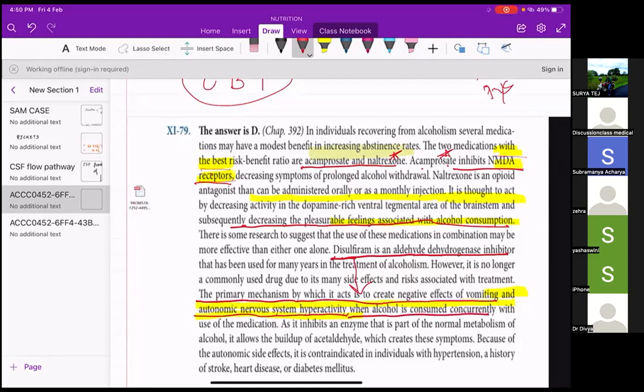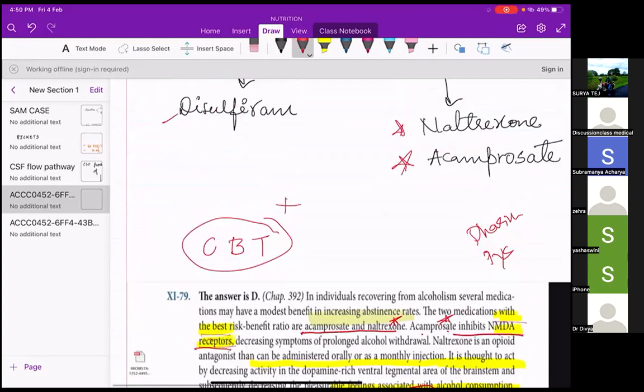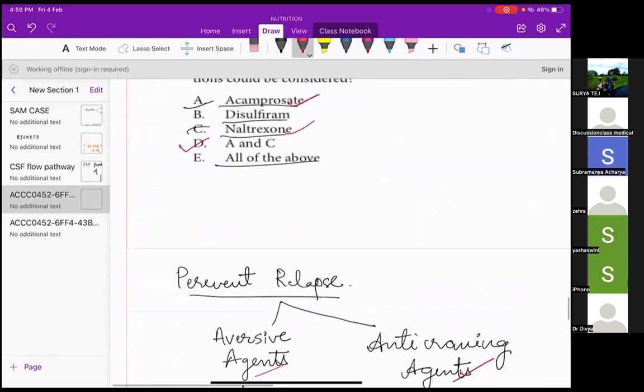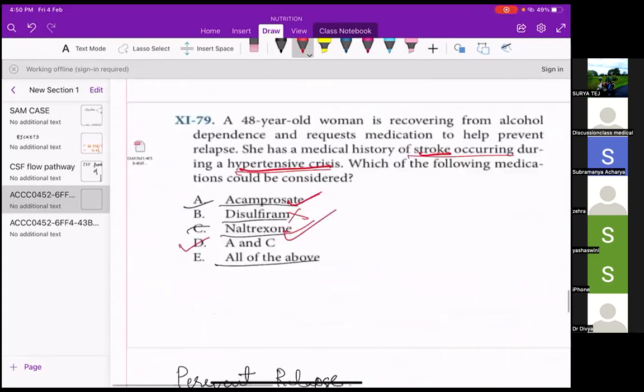We know, right, it will inhibit one of the enzymes involved in the metabolism of alcohol. So it will create all this hyperactivity of ANS and vomiting. That is how it acts. But in this patient, since I have history of stroke and hypertensive crisis, I will not consider disulfiram. So better to go with A and C. So this is about prevention of relapse of alcoholism.